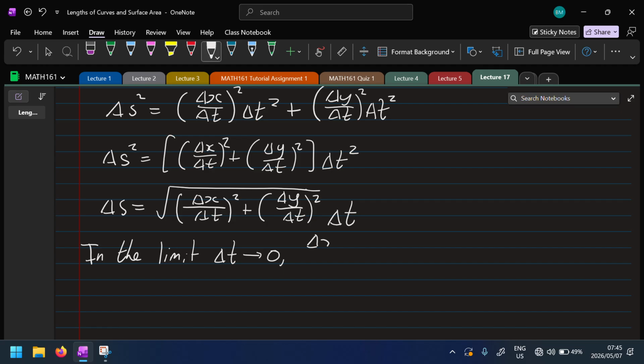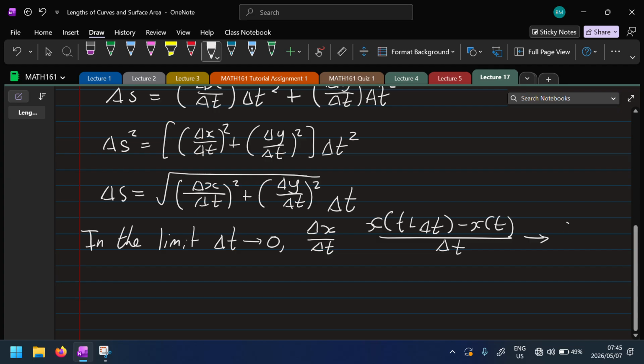So delta x by delta t is just going to become a derivative. Remember for the derivative, x of t plus delta t minus x of t over delta t. So when delta t goes to 0, this becomes the derivative, dx by dt.